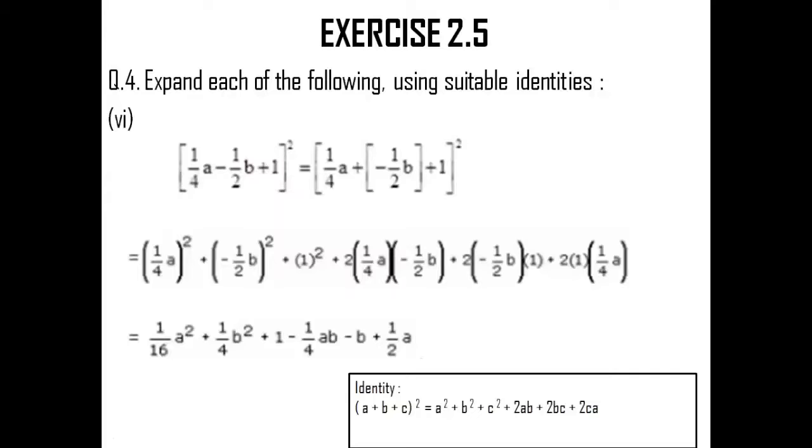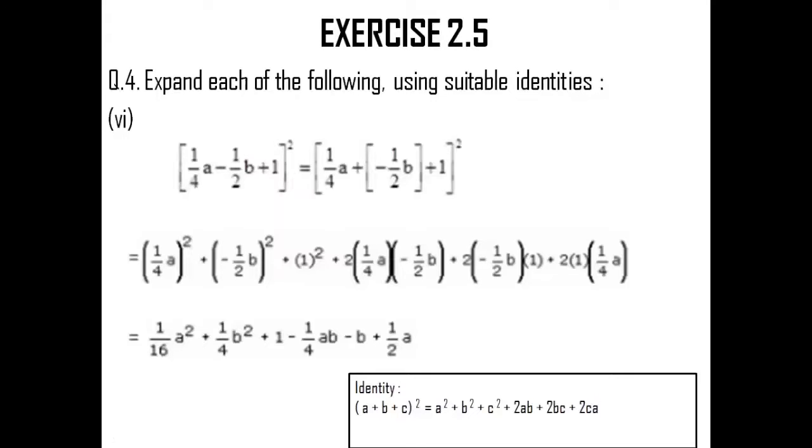It is exactly the same type of sum, but since the terms are fractions, I'll try to solve it for you. So the question is (1 upon 4a minus 1 upon 2b plus 1) the whole square. So which are the three terms?